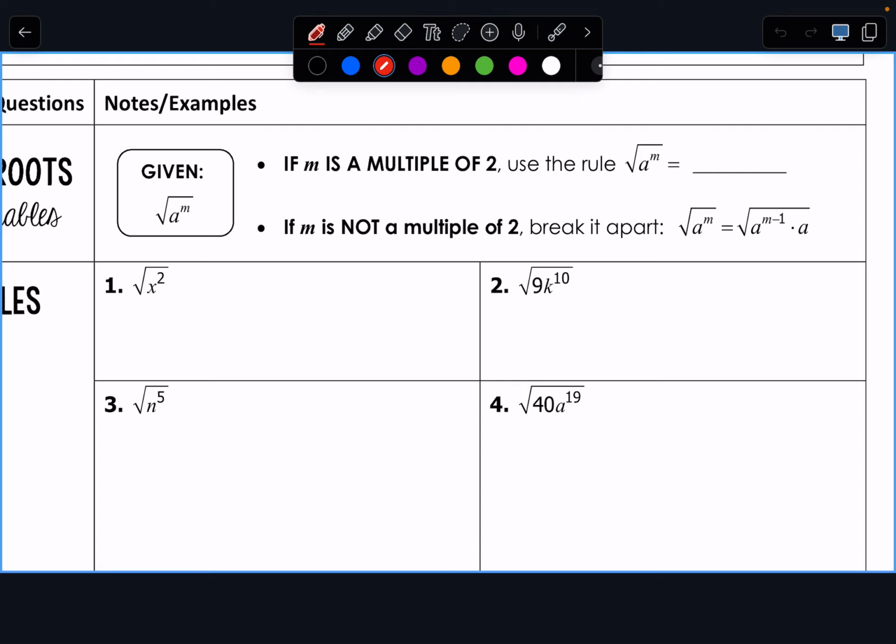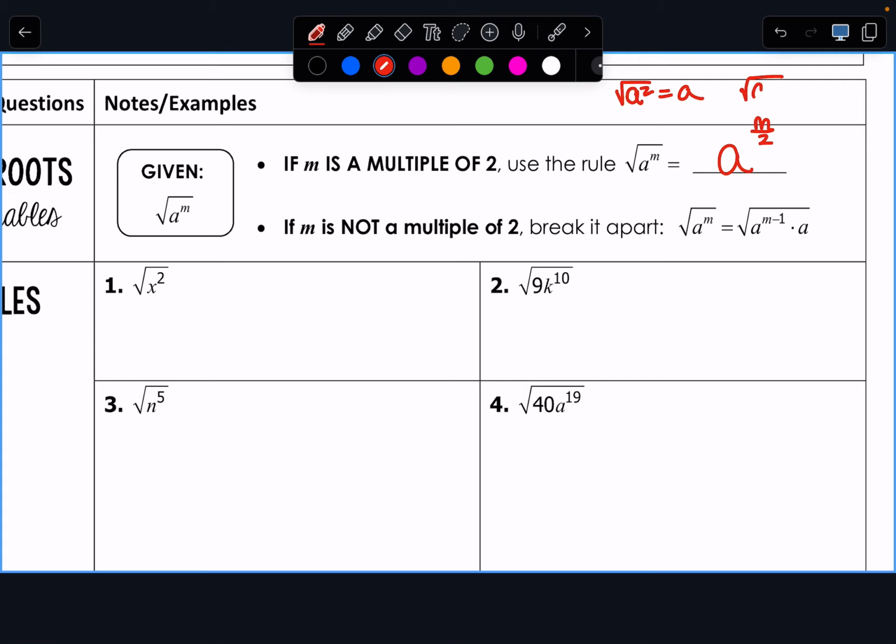Okay? So whatever happens, like if we have an even exponent on our variable, it's going to come out of the radical cut in half for the exponent. Like the square root of a squared is a to the first.